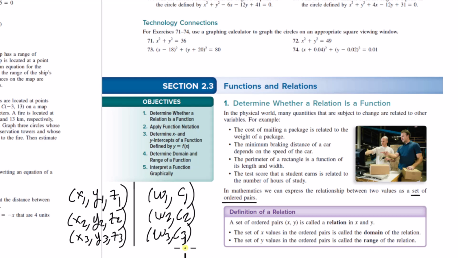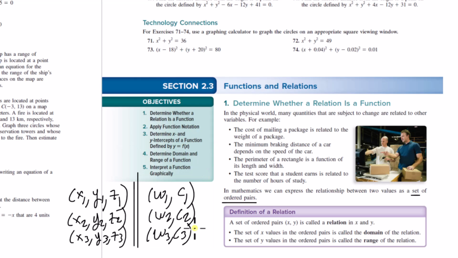So what they're talking about here, if we stick with ordered pairs, the idea is you're looking at this like it's a machine in a sense. The domain is what values you are allowed to input, in the sense that when you input those values, you're going to get an output.